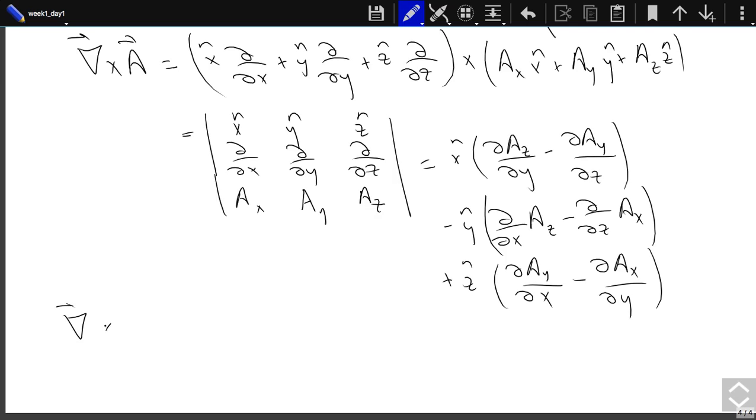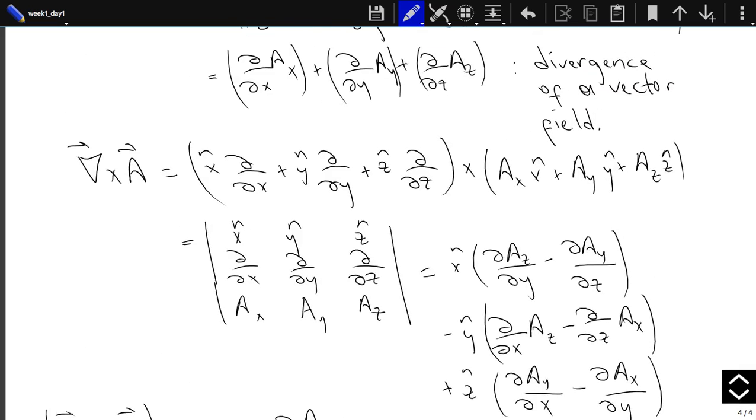Or if you like, you can straight away write the ith component of this one. This will be epsilon ijk, derivative of ak with respect to xj. All of them are the same thing. This operator over here, well, this is the curl of A. This operator acts just like an ordinary vector in these operations.